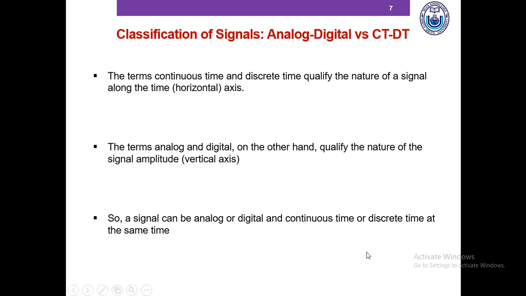The terms analog and digital, on the other hand, qualify the nature of the signal amplitude in the vertical axis, or the y-axis. So to determine if a signal is analog or digital, we need to look at the vertical axis. So a signal can be analog or digital and continuous time or discrete time at the same time. There is no clash.